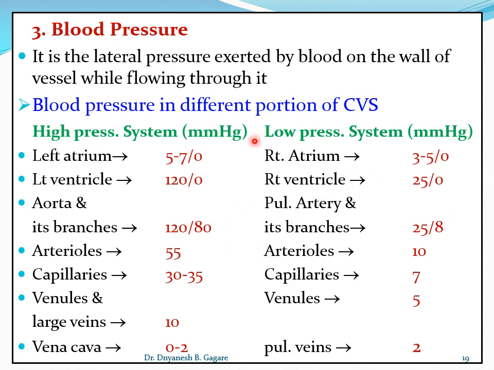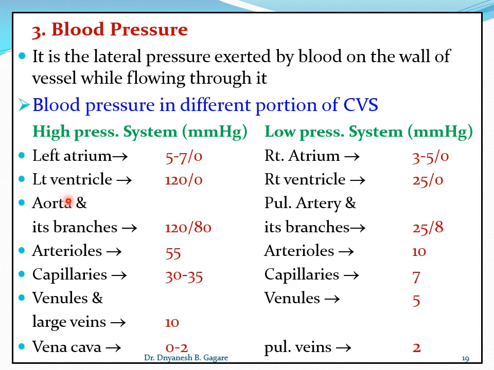But if you see the blood pressure in the different segments, then the picture is different. For example, in the aorta and the large arteries, the blood pressure is 120/80, which we measure and always say the blood pressure is this much. But in the left atrium, the systolic pressure, when the atria contract, is 5 to 7 millimeters of mercury and diastolic is 0.